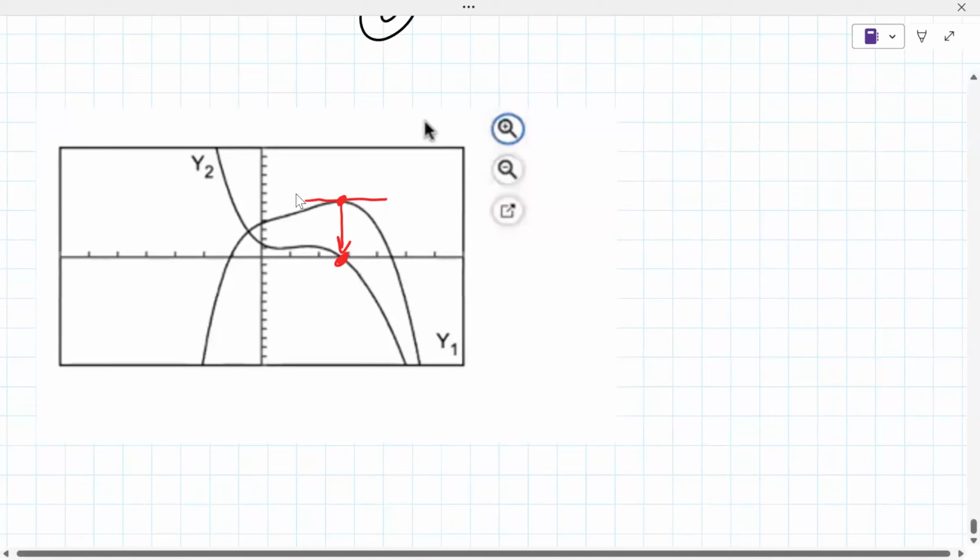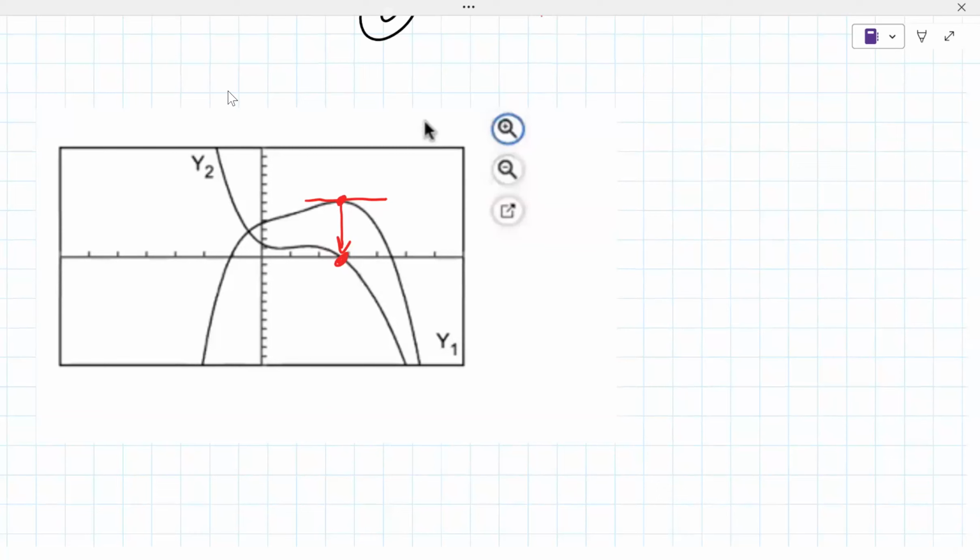So wherever there's a horizontal tangent and there's only one, that has to be a zero on the derivative. So based on that, I'm suggesting that y1 is the original and y2 is the derivative.